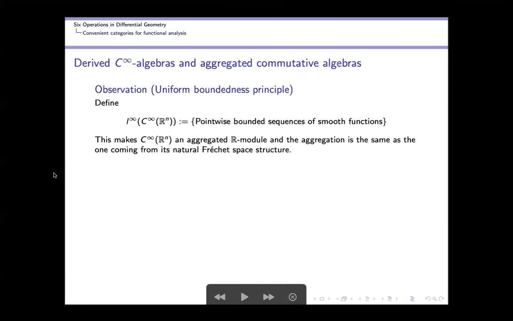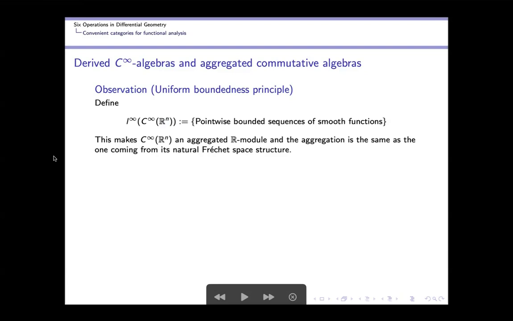So the theory of smooth manifolds naturally embeds into this category. I can think of the ring of smooth functions as such an aggregated vector space. I have to tell you what the bounded sequences are, and you can just say a bounded sequence is a sequence that is pointwise bounded on the manifold.